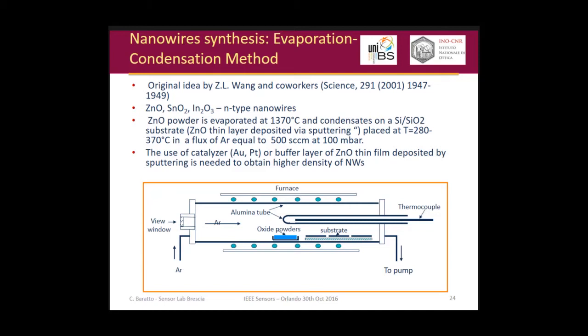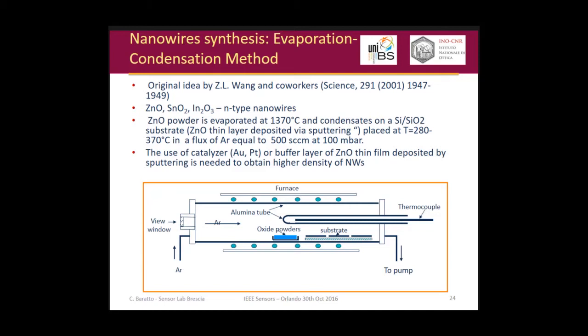The method is very simple and cheap, since you just need a furnace, and in the furnace you put the oxide powders or the material powders. For example, for zinc oxide you can use zinc powder or zinc oxide powder, and they are heated to high temperature, let's say around 1000 degrees C, in the center of the oven, and a gas flow, for example, argon gas flow, in this direction.